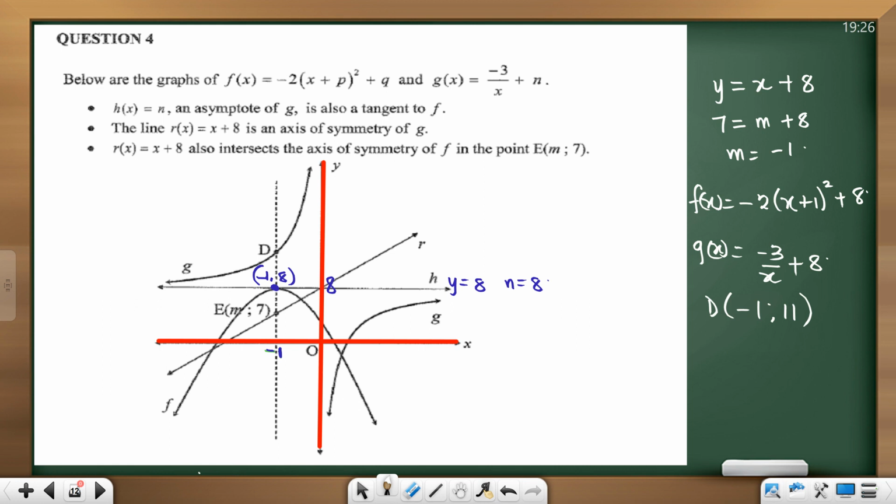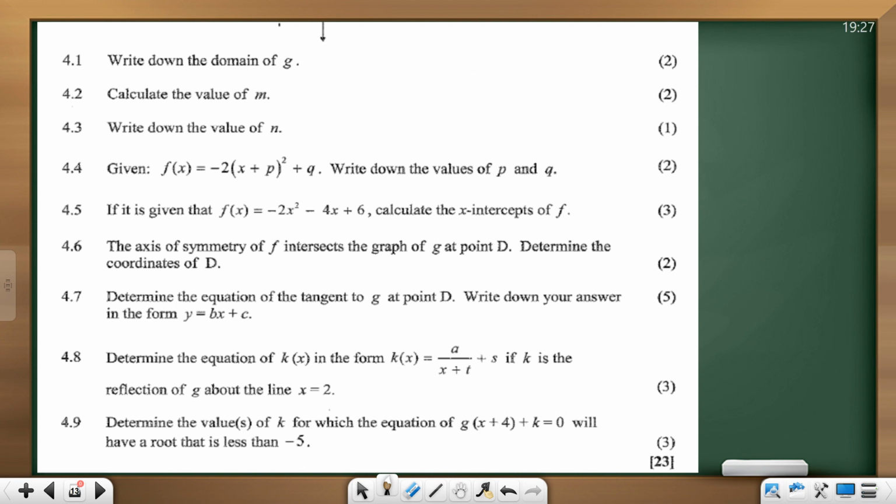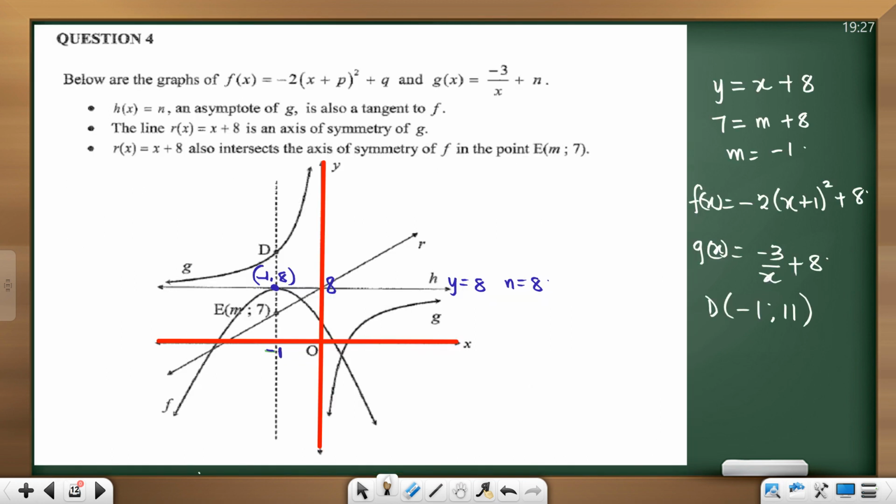All right, guys. I think so far we're looking good, right? Now let's go to the questions. Write down the domain of G. Everybody, look at your G. Which one is G? The hyperbola. Please write down the domain. No talking. You have 20 seconds.